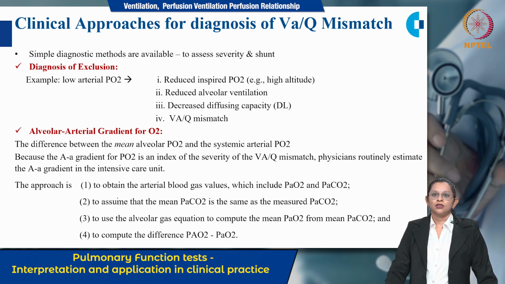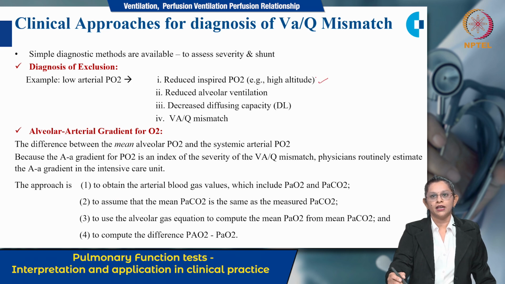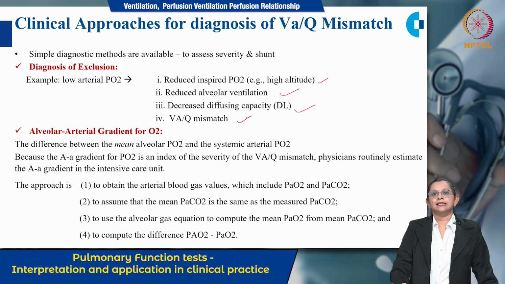There are simple diagnostic methods which can assess the severity of VA/Q mismatch or whether any shunt is present, and it is very important to know that. The first method is diagnosis of exclusion. Whenever we have a patient with hypoxia, there are a lot of differential diagnoses that we can include, like reduced inspired PO2 due to high altitude, reduced alveolar ventilation, decreased diffusing capacity, or VA/Q mismatch.